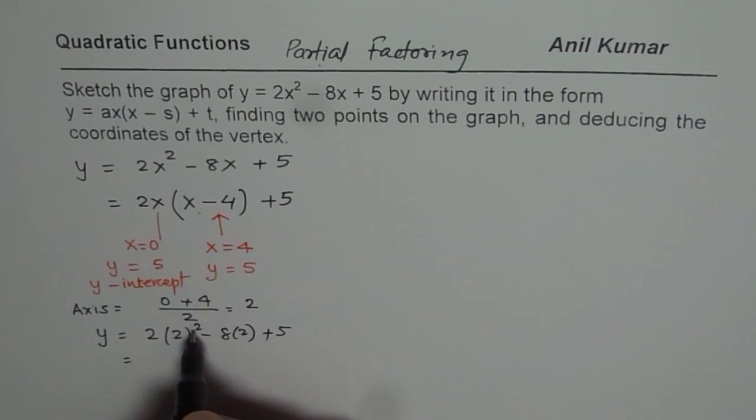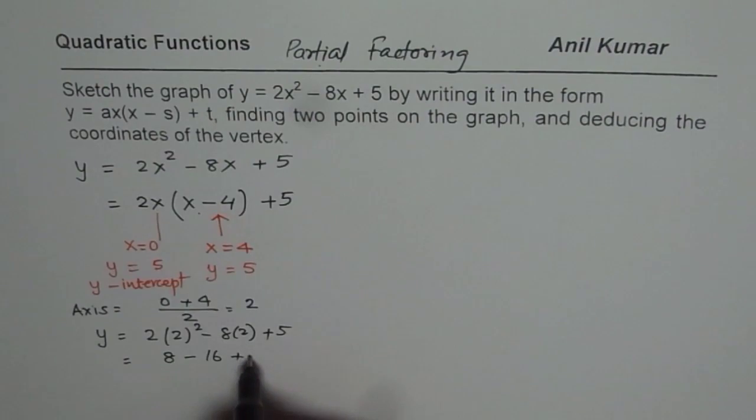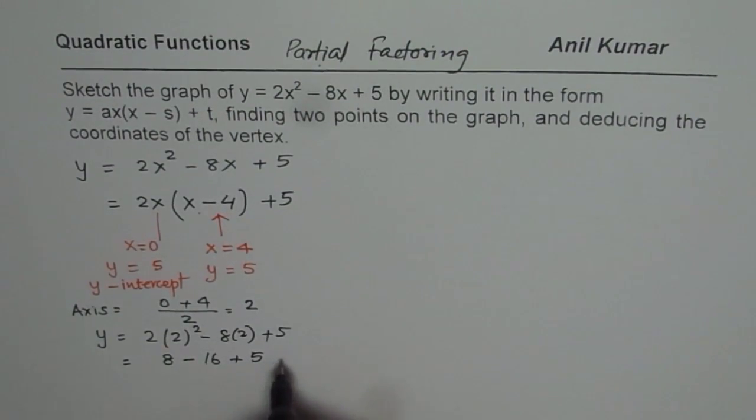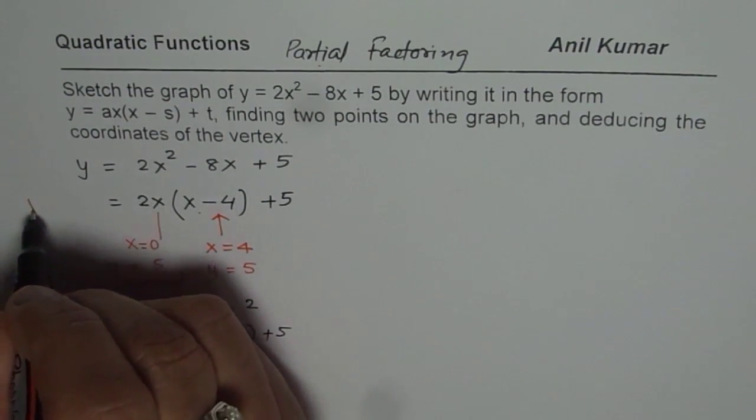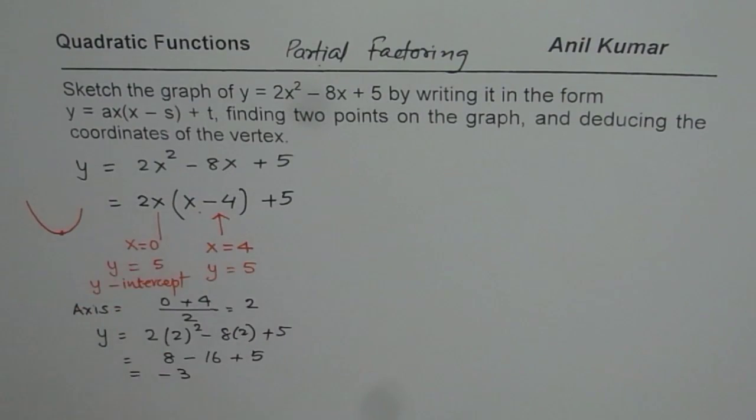So 2 squared is 4, 4 times 2 is 8, minus 16 plus 5. You can use a calculator to calculate this answer. 8 plus 5 is 13, so you get minus 3. Now this is a parabola which is going to open in which direction? Positive means upward, so that negative value is a minimum.